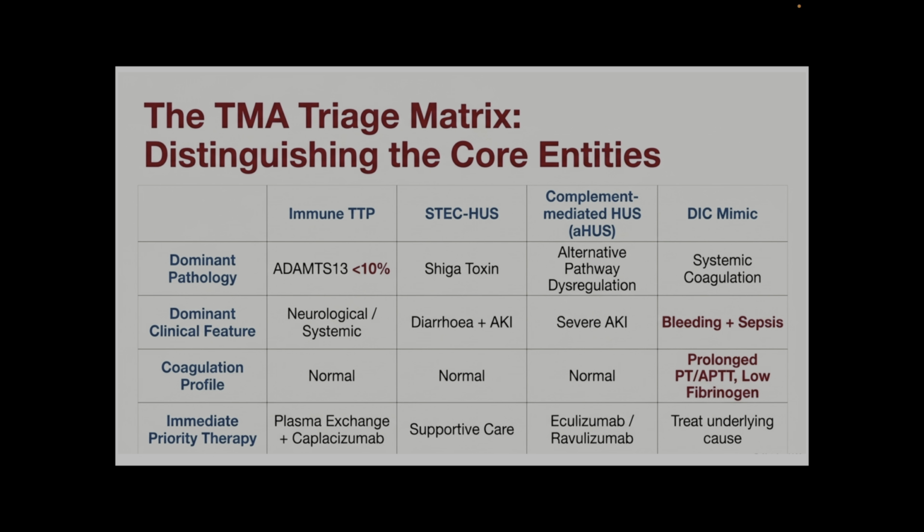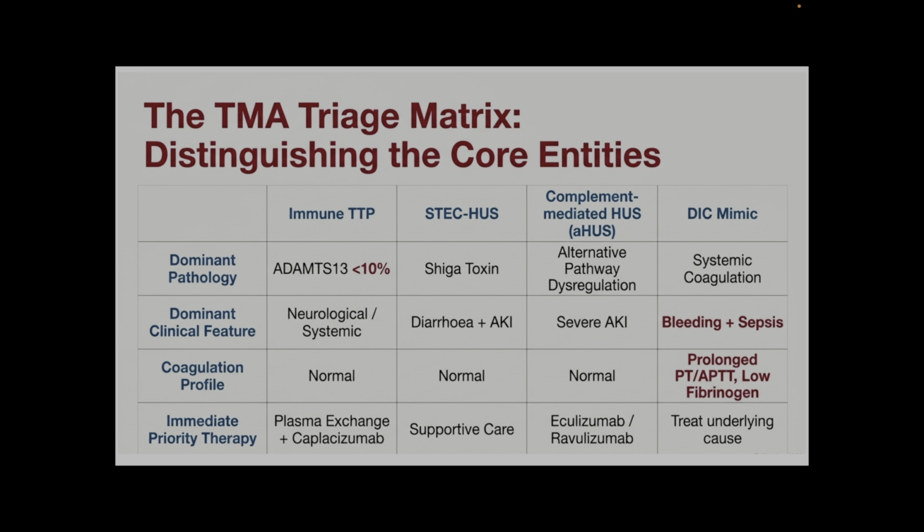Now we need to distinguish the major TMA syndromes. In immune TTP, the defining abnormality is severe ADAMTS13 deficiency. In Shiga toxin associated HUS, the association is with Shiga toxin, typically with diarrhea and acute kidney injury. Complement mediated HUS is associated with alternative pathway dysregulation and often prominent renal involvement.